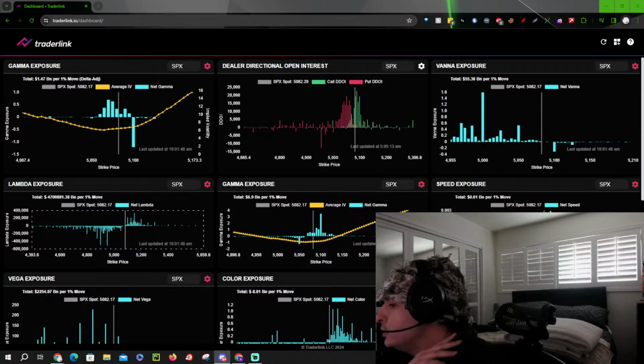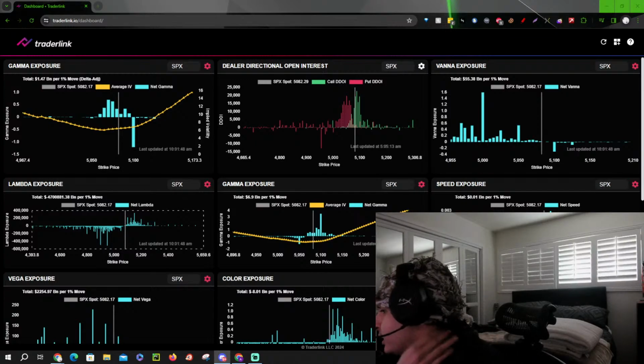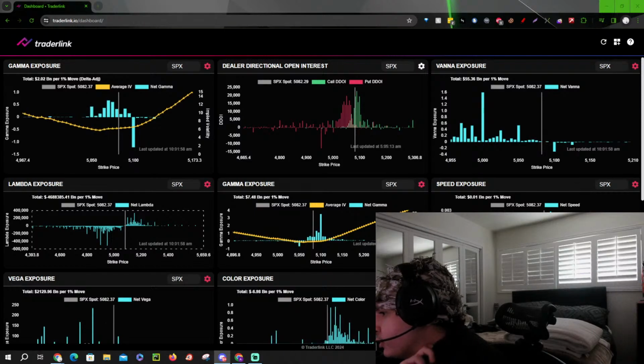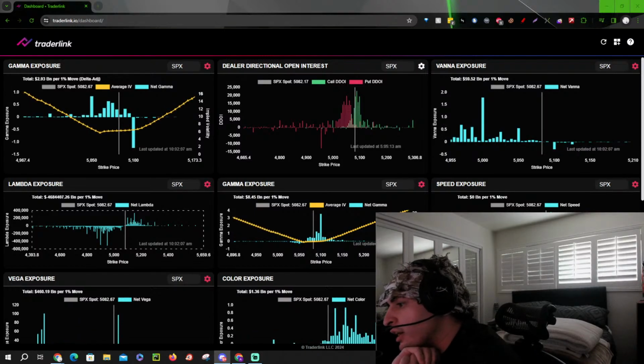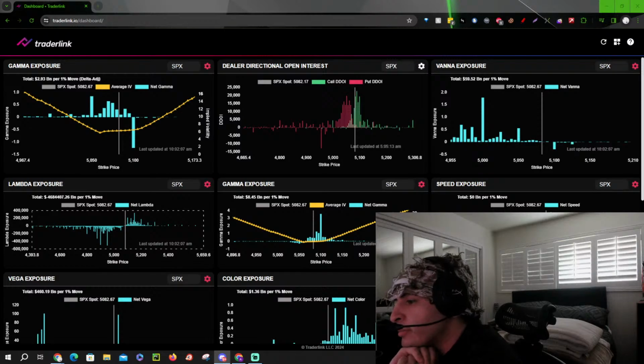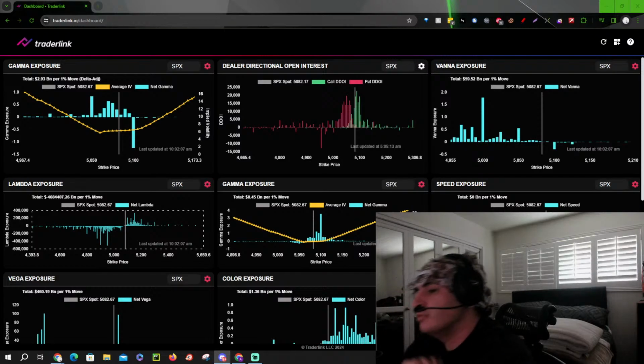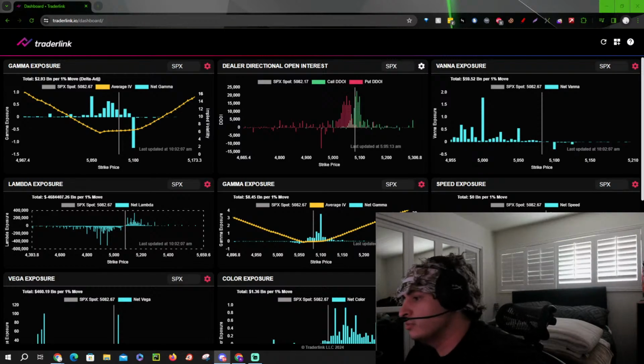When looking at GEX raw and GEX delta adjusted and GEX flip points differ, which one is more accurate? One to use for SNR. Okay, so here's the thing about that. I think they're both accurate to use, but I would mainly use delta adjusted if I were new to looking at all this.